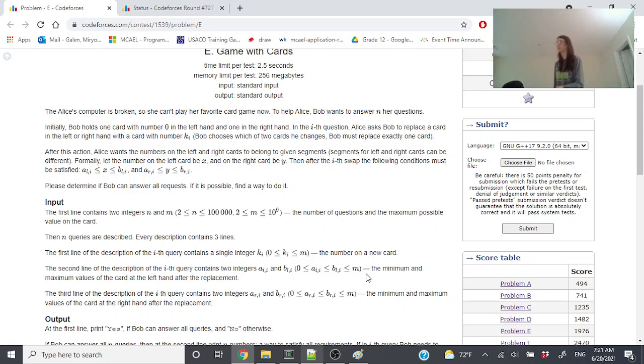Alright, so we can add in 2 fake queries to force us to have the 0 and 1, that's fine.